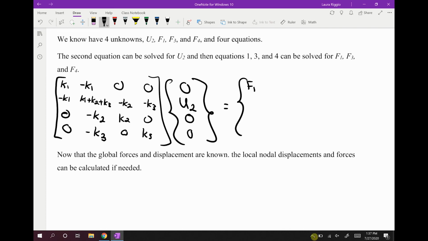We still don't know F1, we know F2 is P, we don't know F3, and we don't know F4.